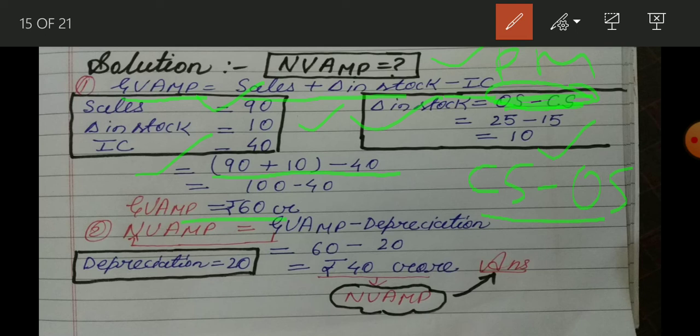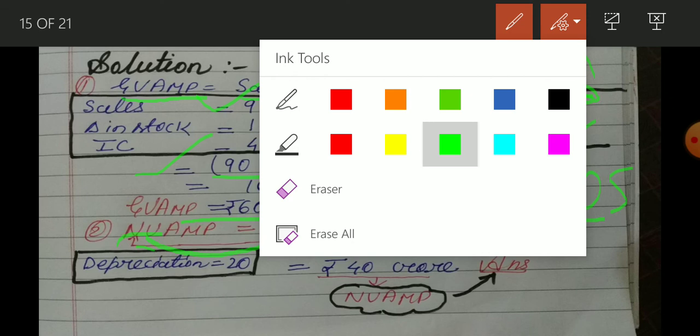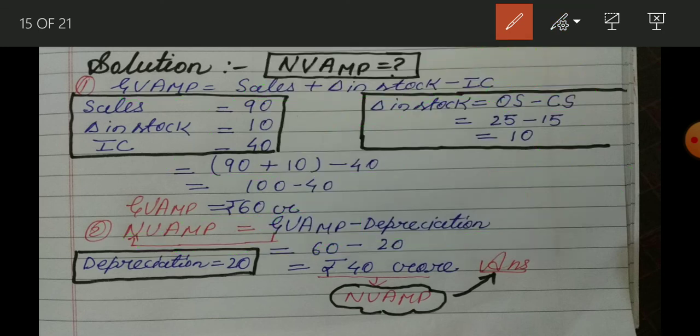And what we have to find out? NVA MP. And what we are having? We are having GVA MP. So what is the difference here? Here is given gross, here is given net. So whenever we are moving gross to net, what we have to do? We have to subtract the value of depreciation. So here the value of GVA MP is 60.